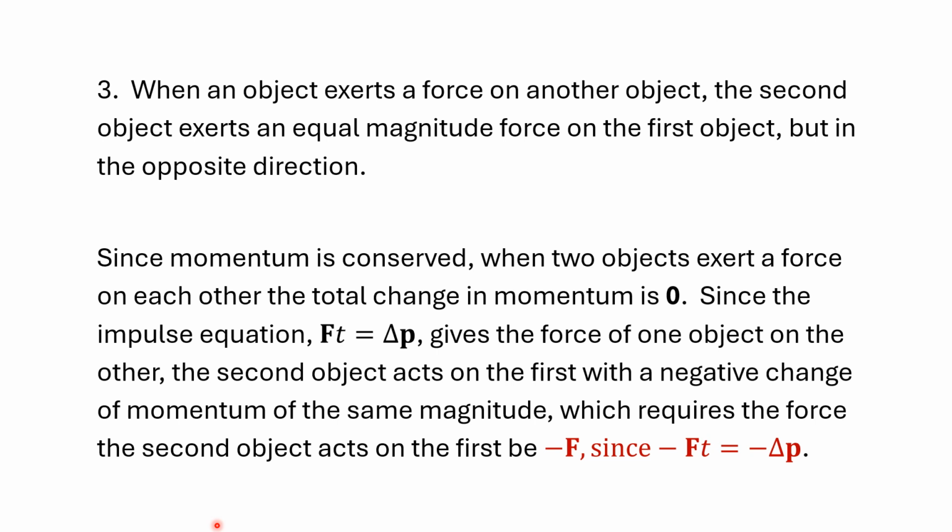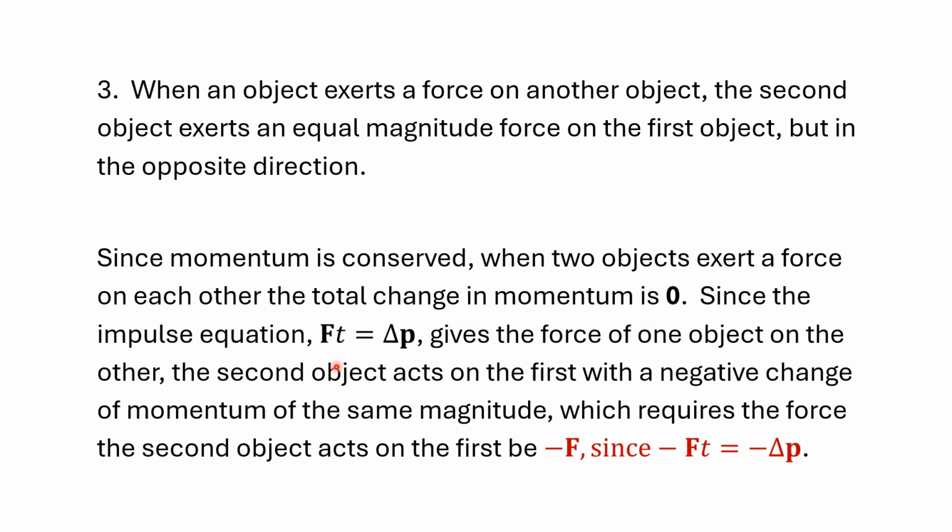When an object exerts a force on another object, the second object exerts an equal magnitude force on the first, but in the opposite direction. Since momentum is conserved, when two objects exert a force on each other, the total change in momentum is 0.